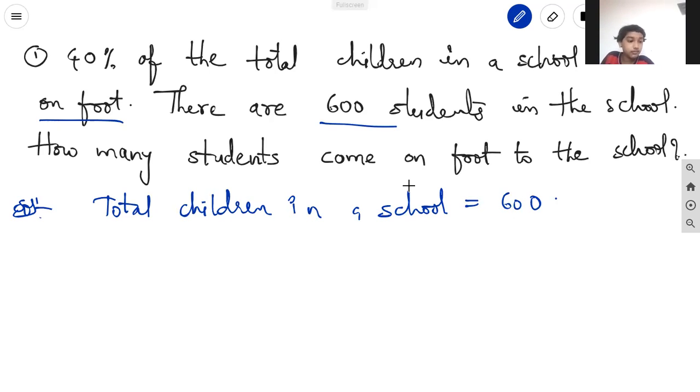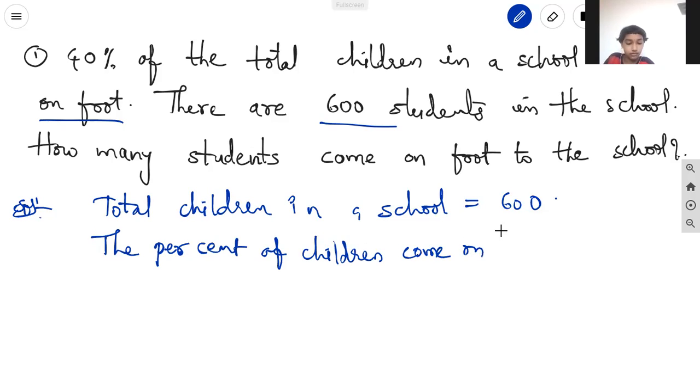In that, the percent of children who come on foot equal to 40%. We can find out how many students.